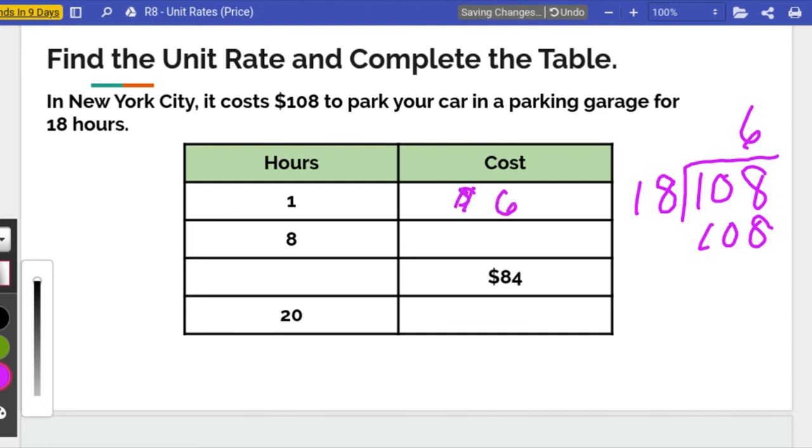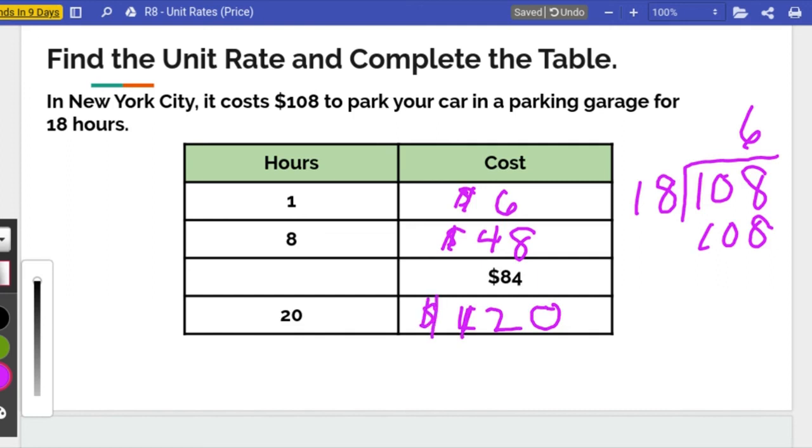So if I have $6 for 1 hour, I'm just going to multiply that by 8, and I would get $48 for 8 hours. And for 20 hours, I would do 6 times 20, which would be $120.